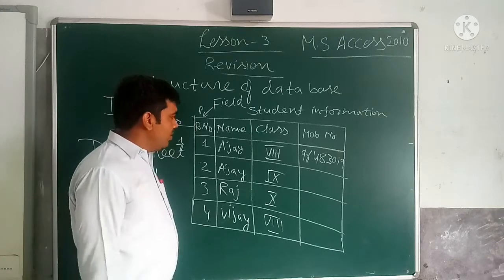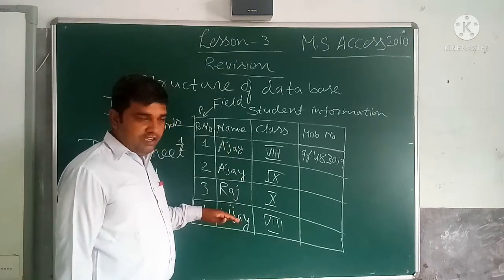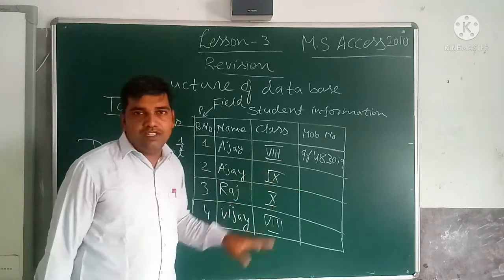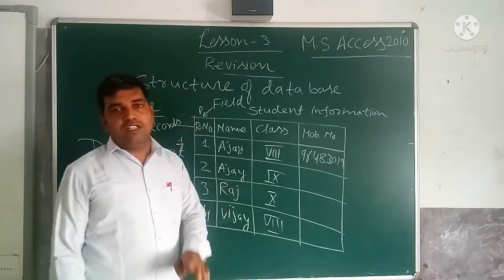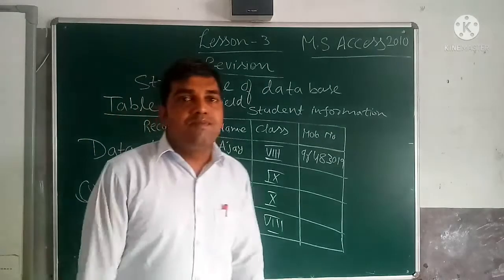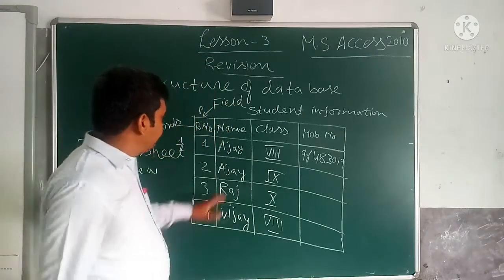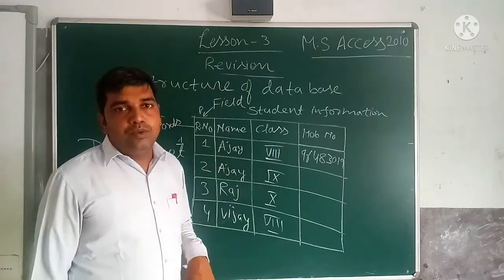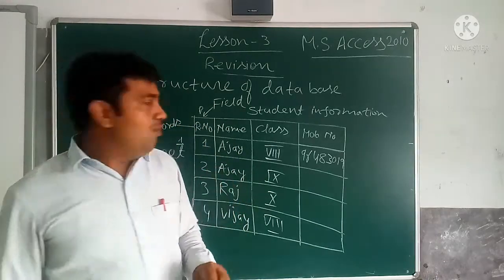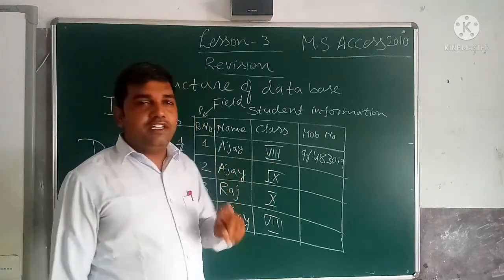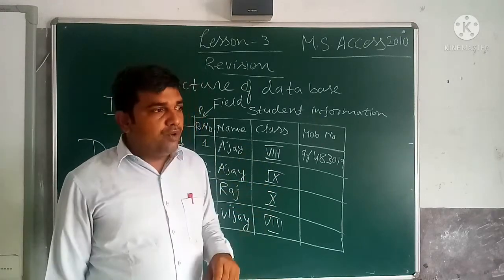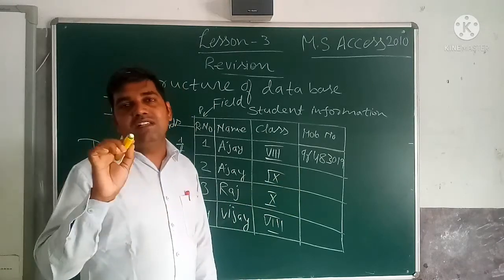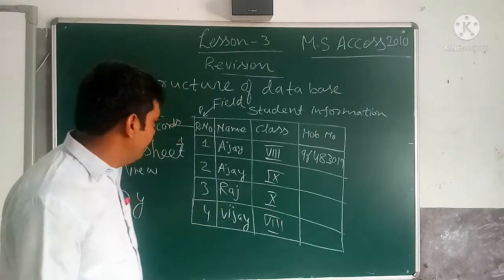If you want to hide the other records, so that only record 3 is available on the screen, for that purpose we open the table in the form view. If we want to enter the information one record at a time, or view only one record at a time on the screen, in that case we open the table in the form view.